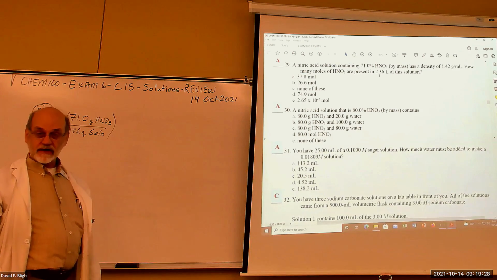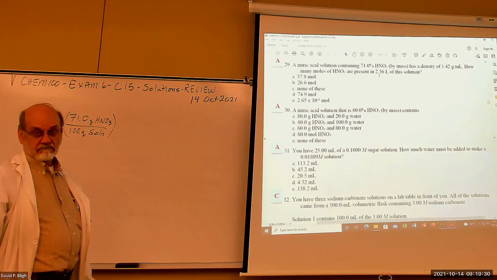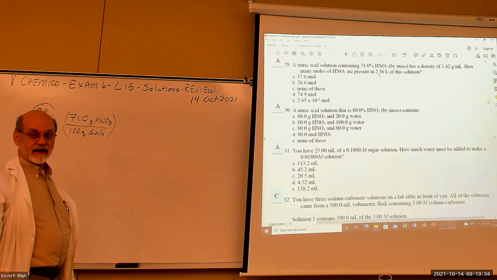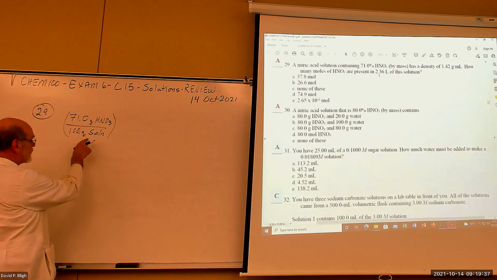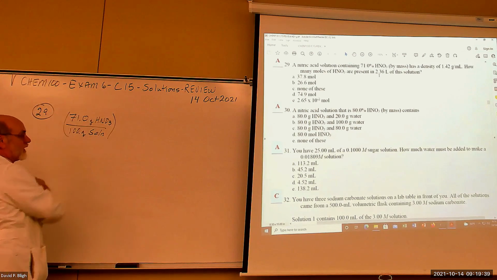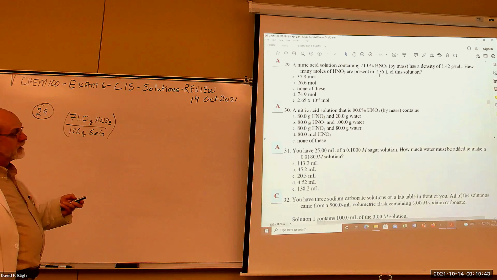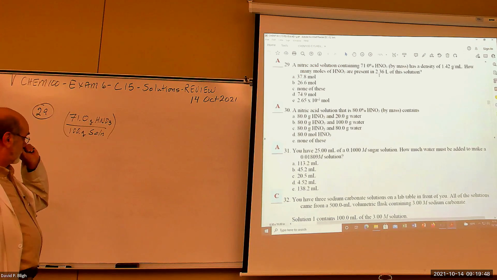How many grams of that solution do we have? I don't know yet, but can we find it? We need to know how many grams of solution in order to find out how many grams of HNO3. And then we have to convert HNO3 to moles.